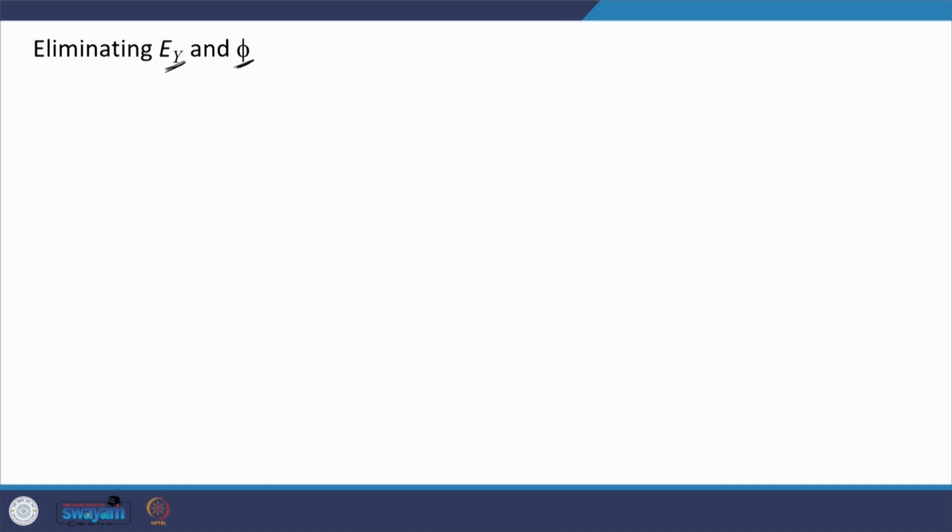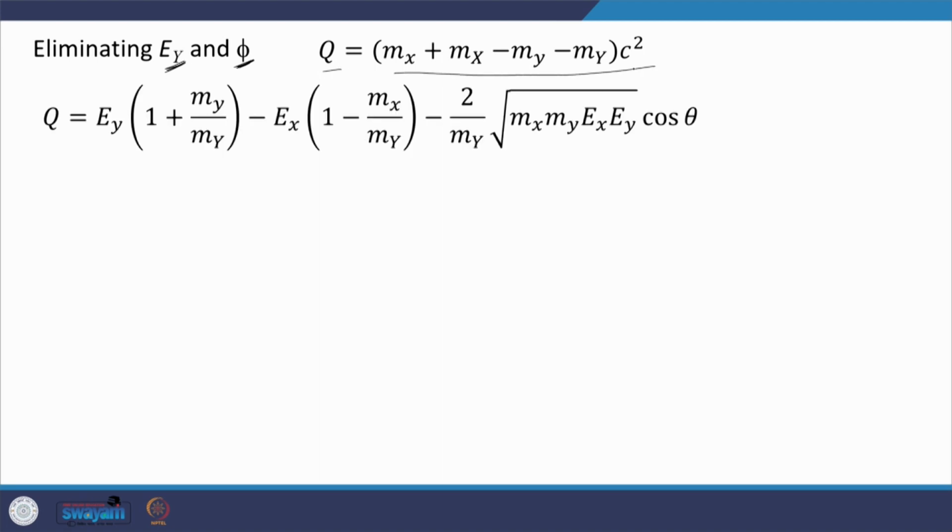So, when we eliminate these two quantities from the previous equations and use this well known relation of the Q value of the nuclear reaction, one can get an expression for the Q value of the nuclear reaction in terms of masses of the species before and after collision, and here you do not see the kinetic energy of the product nucleus and the angle with which it is moving, all right.